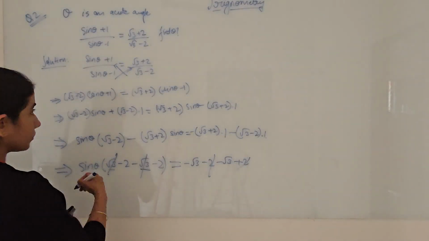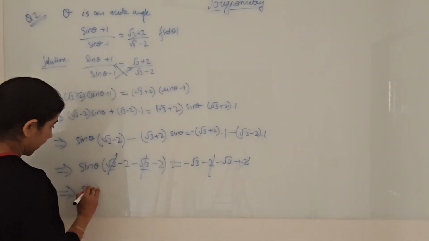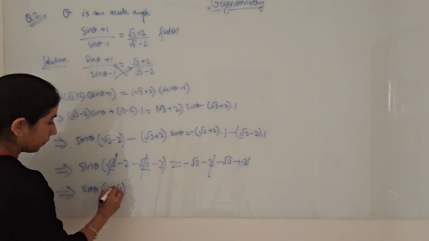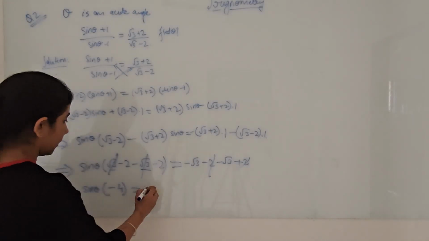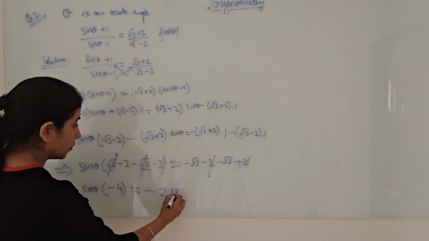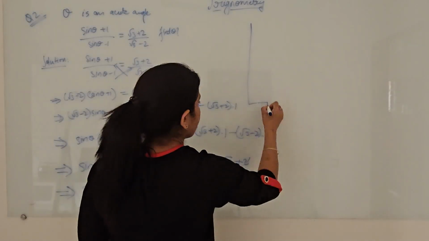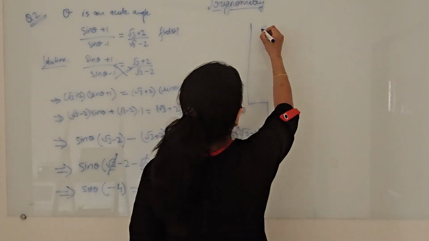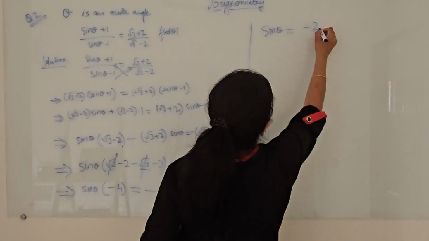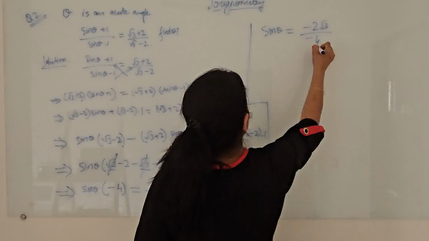Cut them out. What I am left with on the LHS part is sin theta, and inside the bracket I have minus 4. Similarly on the RHS part, I am left with minus of 2 root 3. Now keeping sin theta on one side and taking minus 4 on the other, I have got sin theta equals minus of 2 root 3 upon minus of 4.